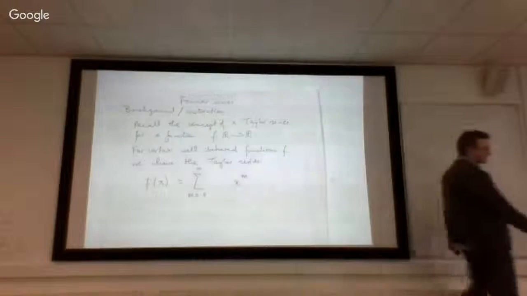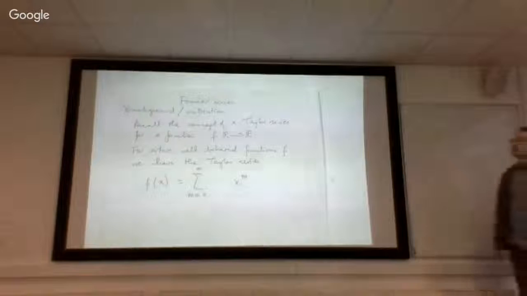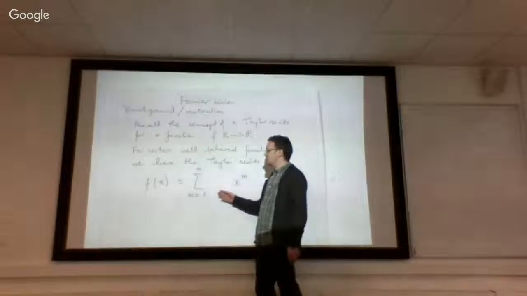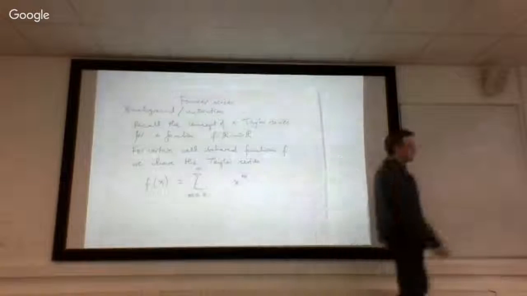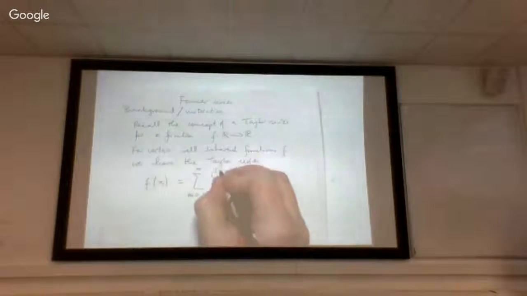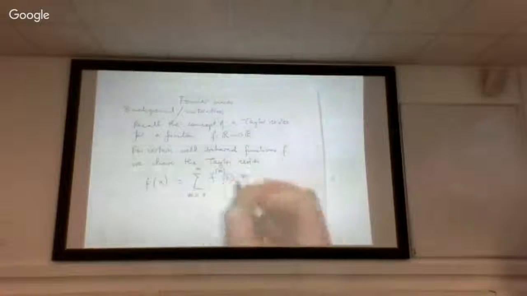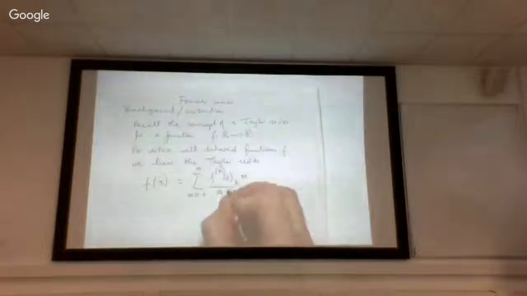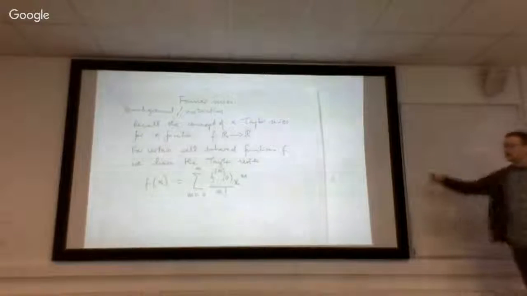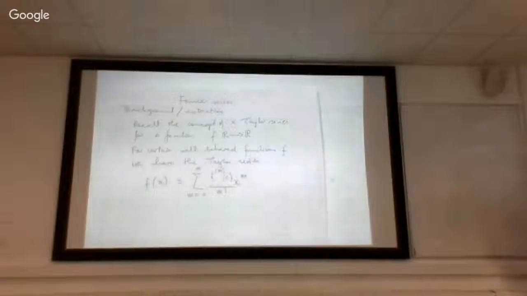So the Taylor series is quite simply an infinite polynomial representation of the function f. The coefficients come from the various derivatives of f evaluated at 0, each one divided by m factorial, where m is the index in the summation.